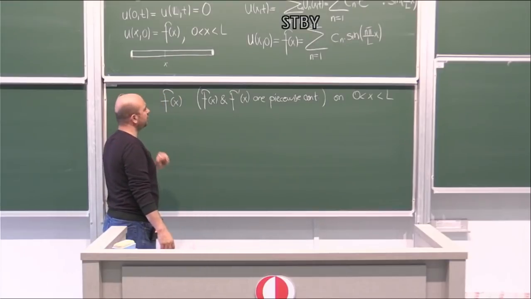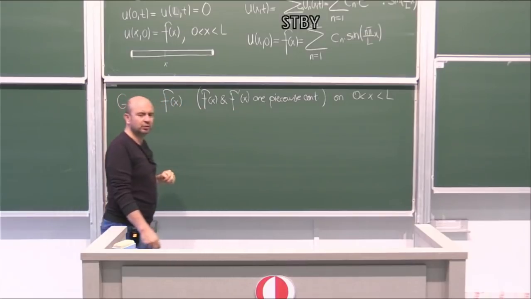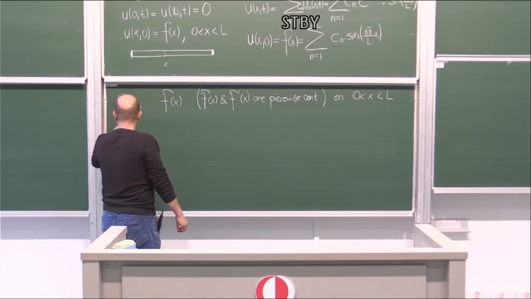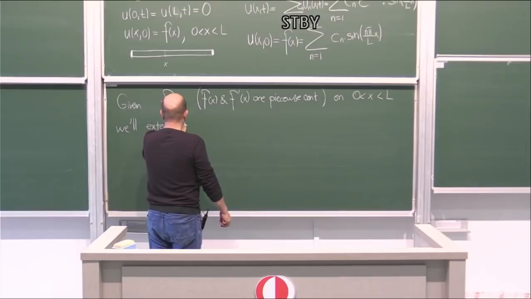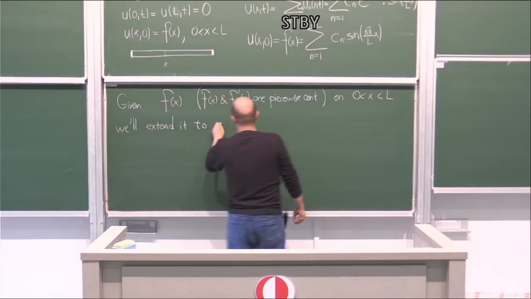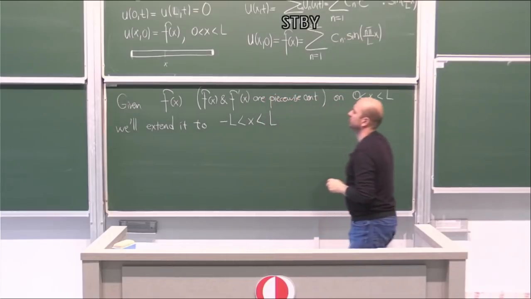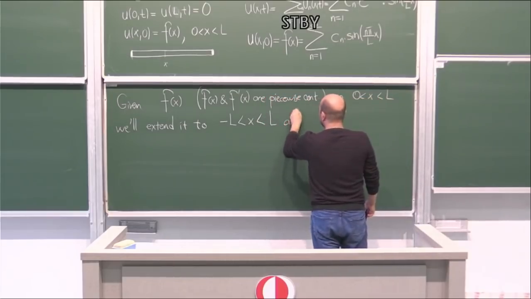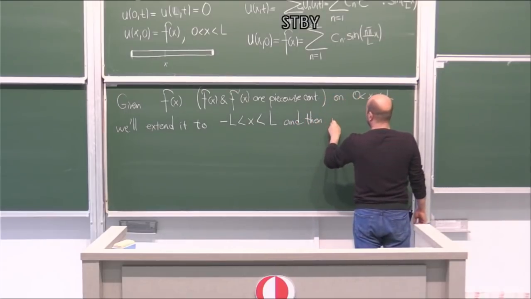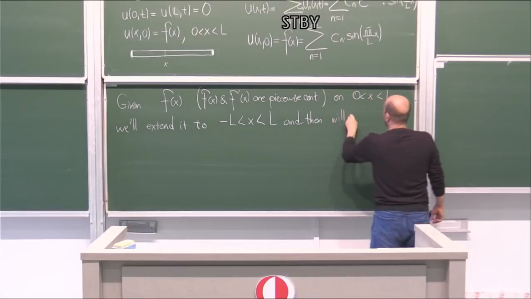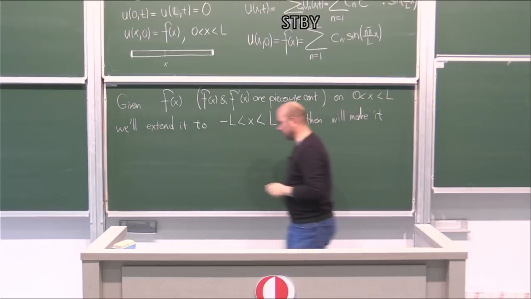So now, given a function that is piecewise continuous, we will extend it to minus L to L, and then we'll make it 2L periodic.